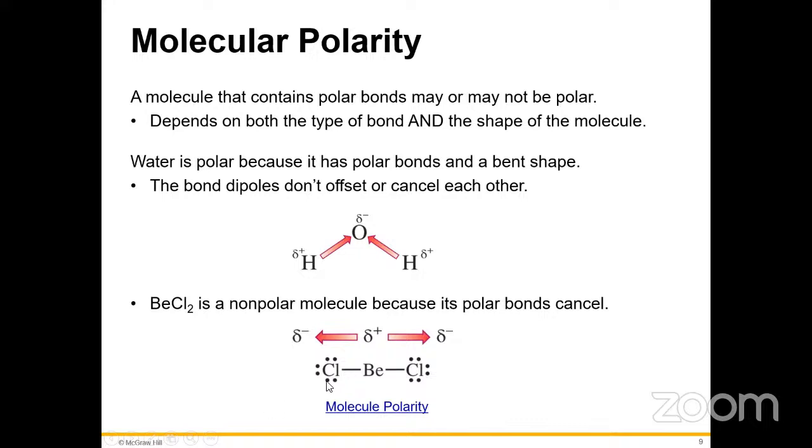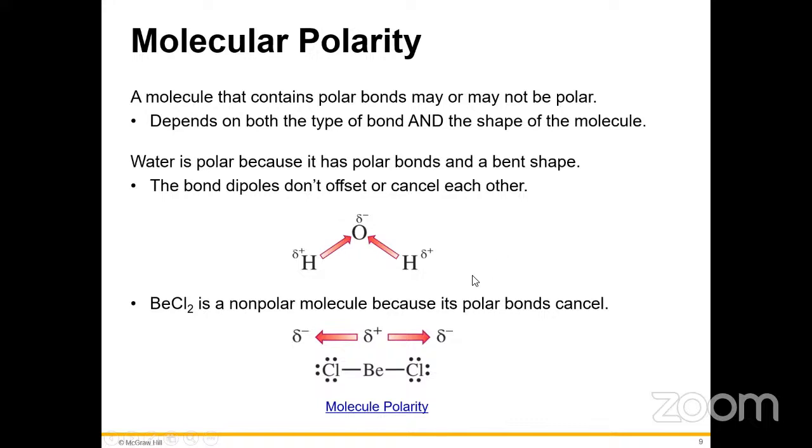There's a straight line from the chlorine through the beryllium to the other chlorine over here. So therefore, this dipole will be acting in that direction, and this dipole will be exactly linearly opposite, acting in that direction, and therefore they will cancel out. So as a result, the beryllium chloride molecule is said to be nonpolar because the dipoles cancel out. But in the case of the water molecule, the dipoles do not cancel out each other. And therefore, we say that this molecule is polar, all right?